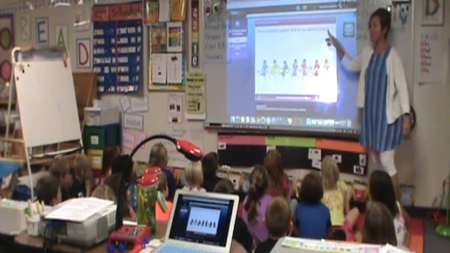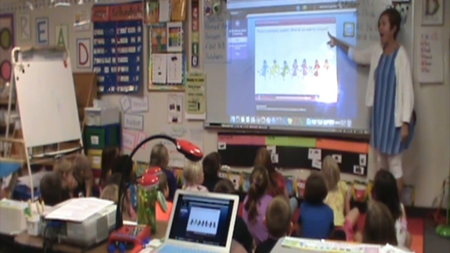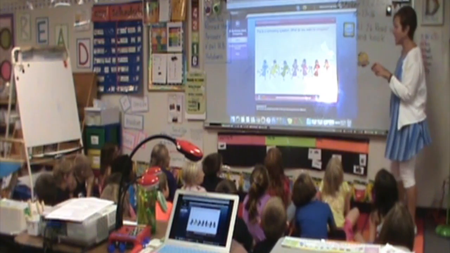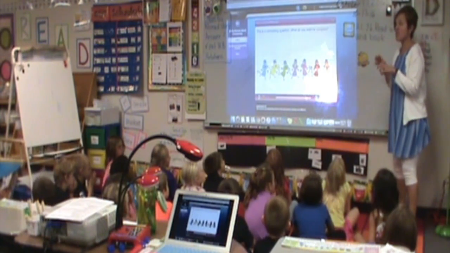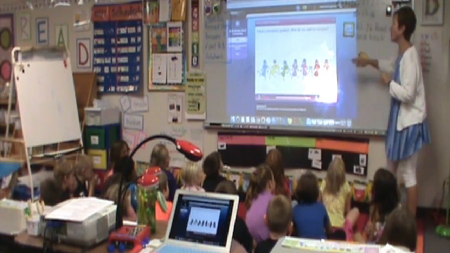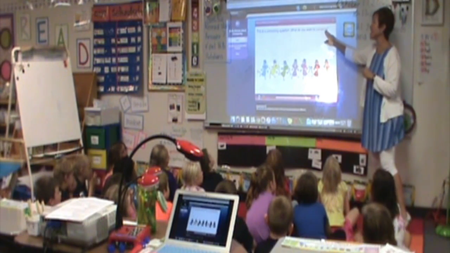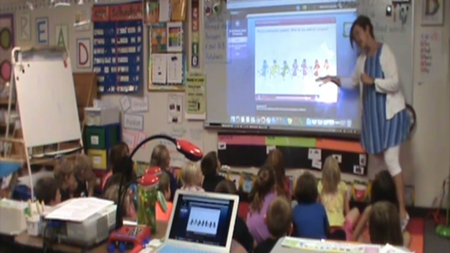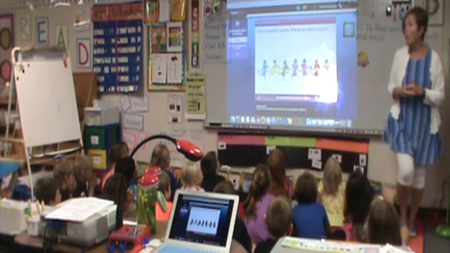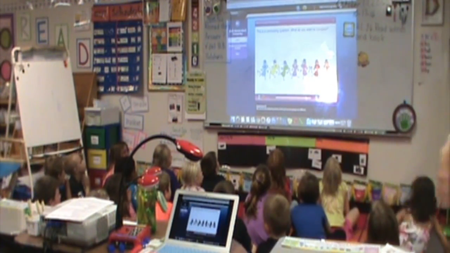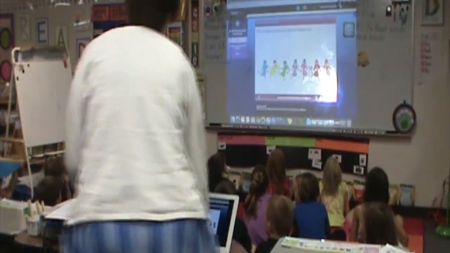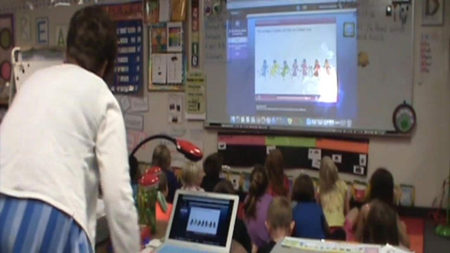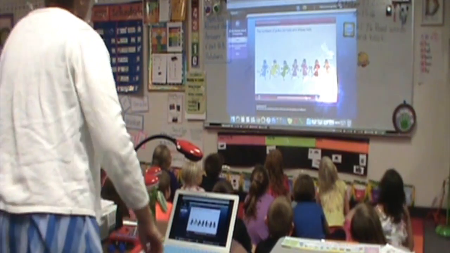When I'm comparing things, I'm finding how they're either the same or they're different. So we're going to want to compare the numbers of polka dot hats and striped hats.